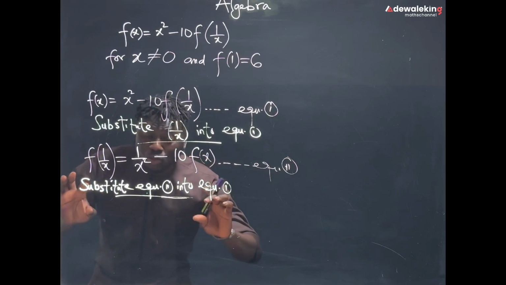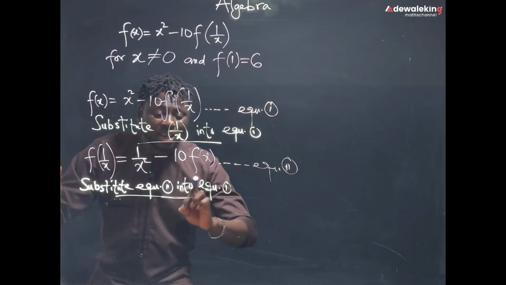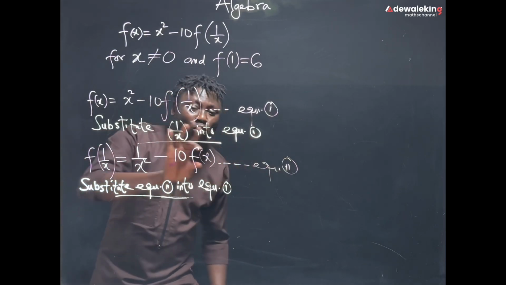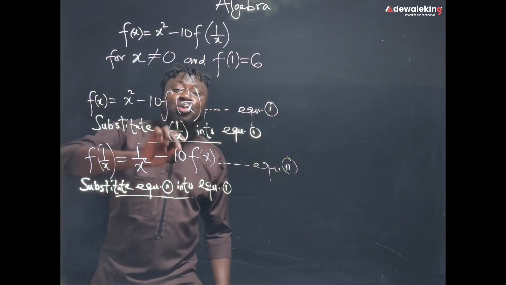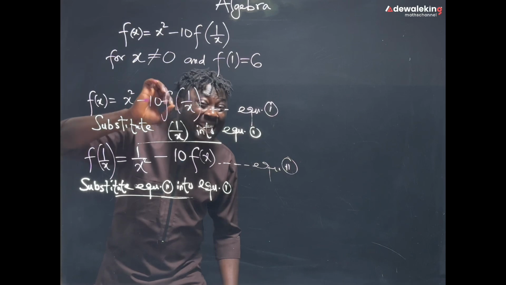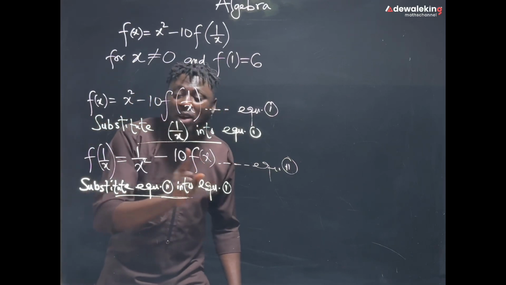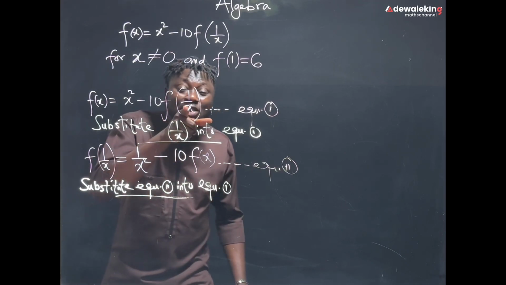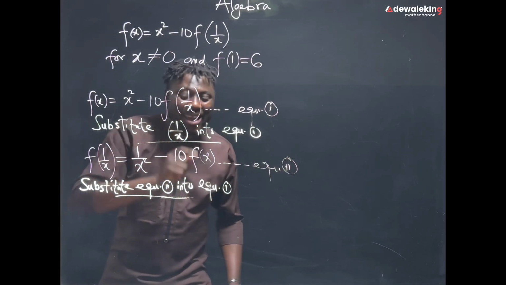We can now substitute equation 2 into equation 1 by dropping the entire equation 2 into equation 1. That is, anywhere you see f of 1 over x, you drop the whole of this equation in.